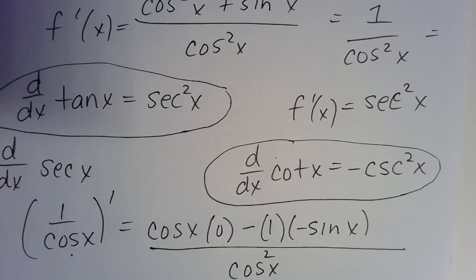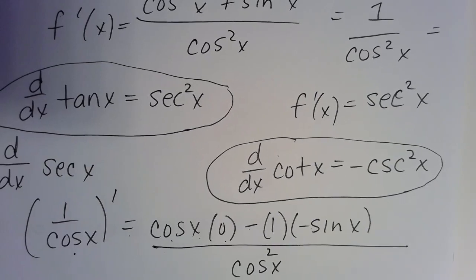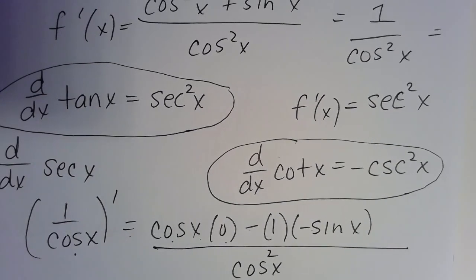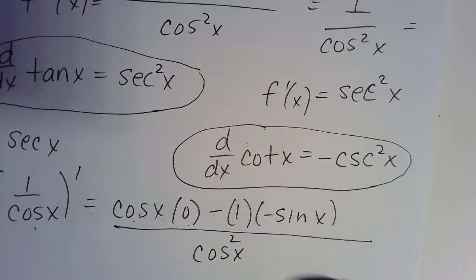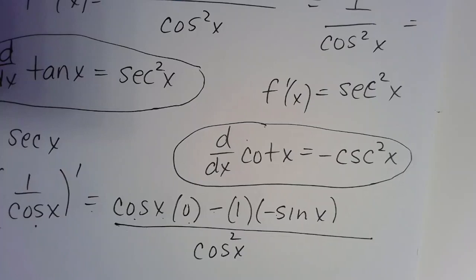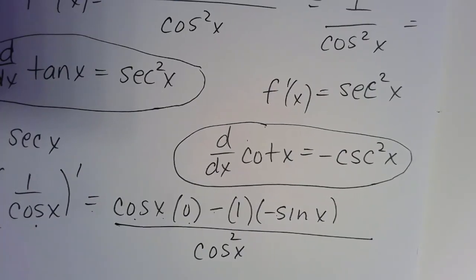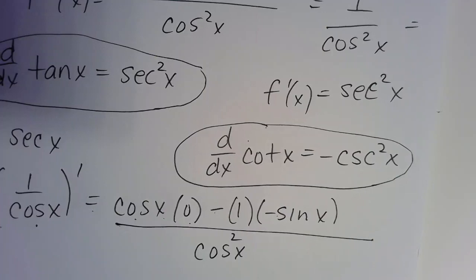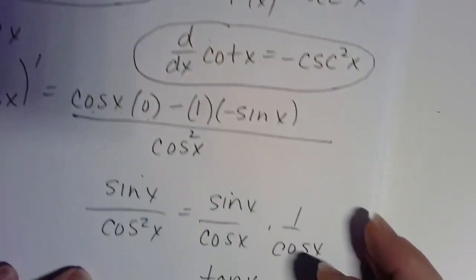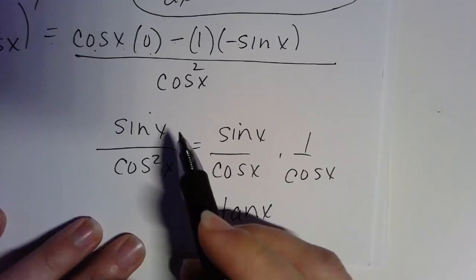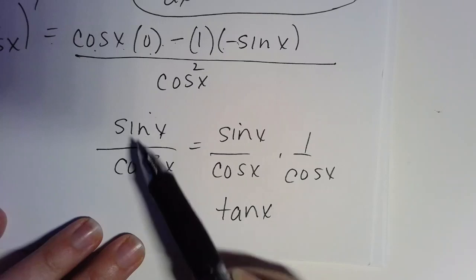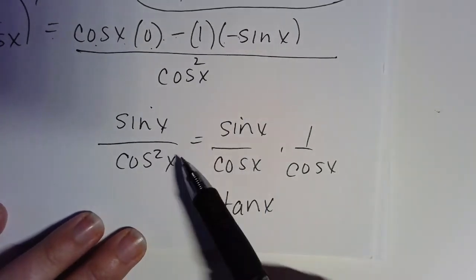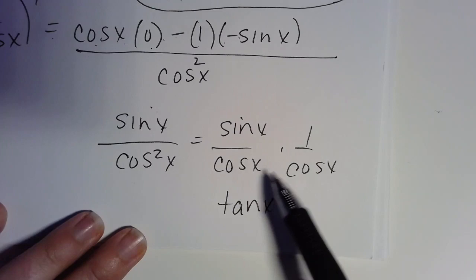Okay, so now we have cosine of x times 0, so that's gone. And then I have a negative times a negative, so I'm just left with sine of x over cosine squared of x, which we then break apart. I'm just rewriting this as sine over cosine times 1 over cosine.